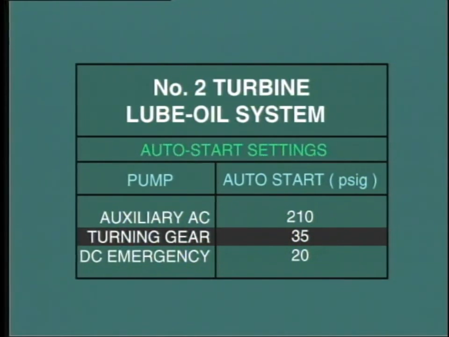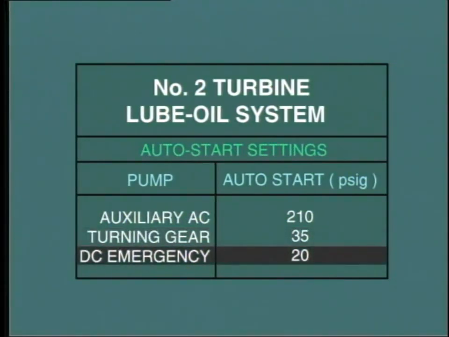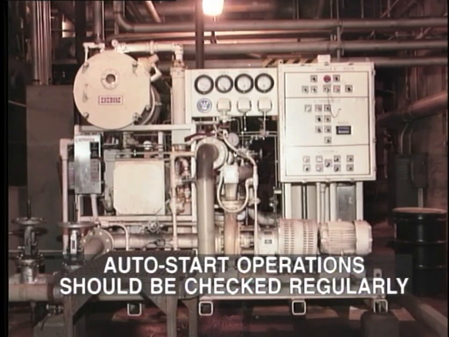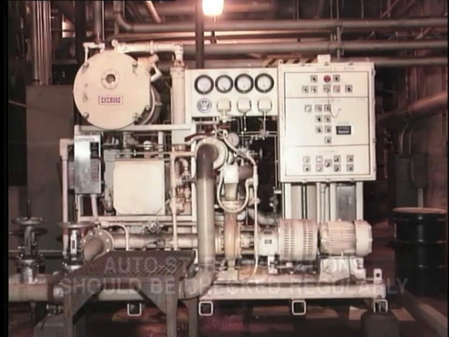And if this consequently fails, the DC oil pump will start. As with all automatic devices, the pump auto start operations should be checked on all pumps regularly. Make sure that you check out the details of your own lube oil and hydraulic oil systems. You should be thoroughly familiar with the location of all pumps and controls for these pumps.